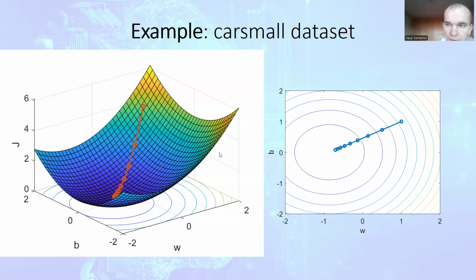Please note that the value of the gradient of b, the derivative of the cost function by b, is computed with the value of w computed on the previous iteration. Here we update the value of b with the gradient of b, which was calculated before. So it does not take into account the newly updated value of w at this iteration.